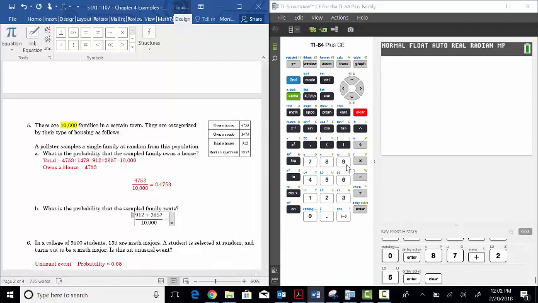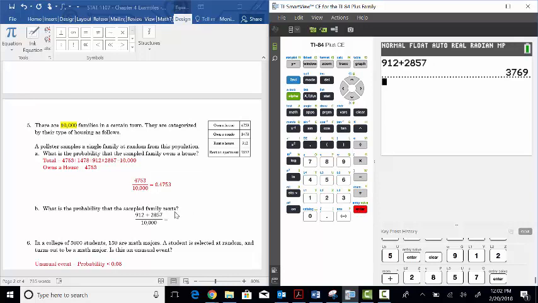So if I add that up over here on the side with my calculator, 912 plus 2857, I get 3769 out of that grand total. And that should equal 0.3769. All right.